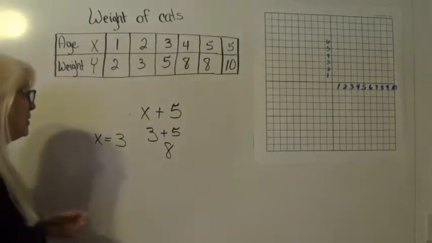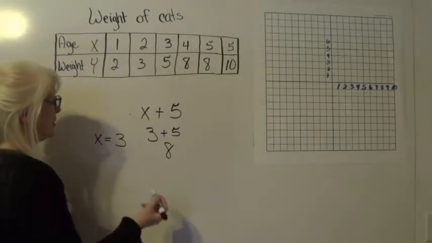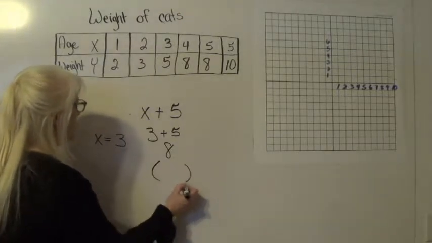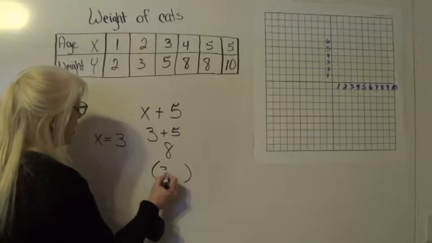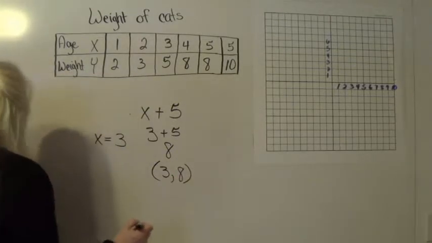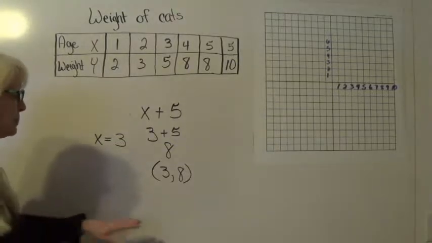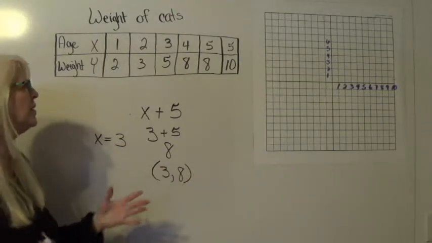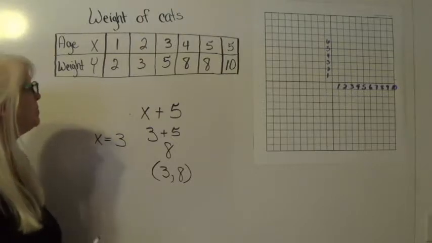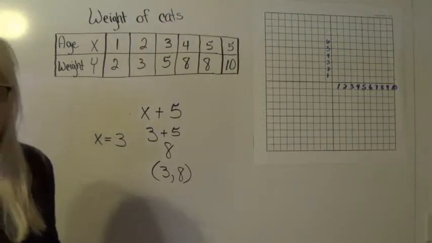So what you actually did was you could say that this is a coordinate or an ordered pair. When you took 3 for x, you came out with an answer of 8, and you could call that your y value. That's what we're going to take a look at in the next couple of lessons.